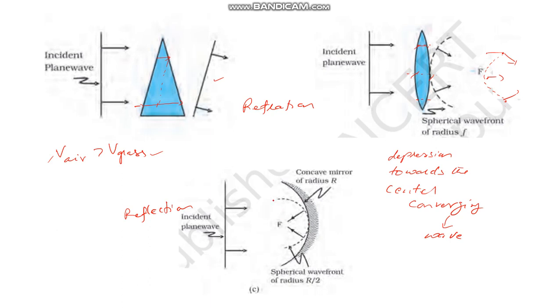So you can see the curvature will be in this fashion. This will be the curvature. So that is why, with the same argument we have used here, a concave mirror also is a converging mirror. If this is the principal axis, you will see the focus here.